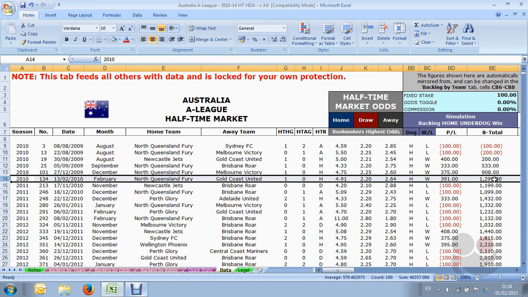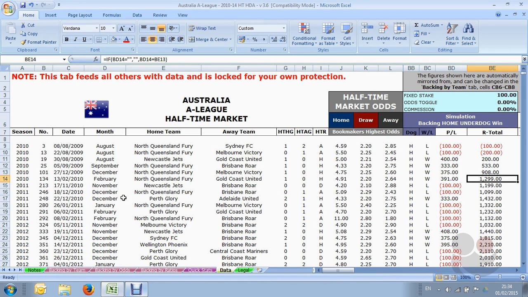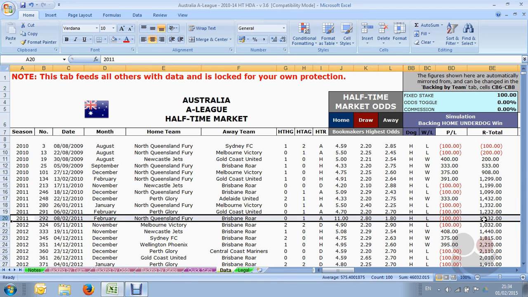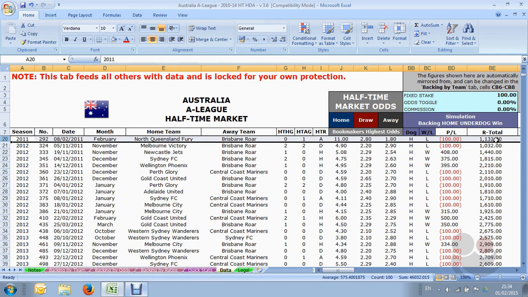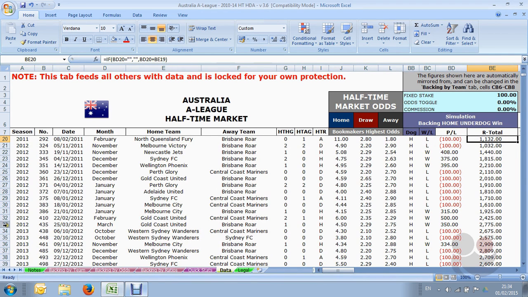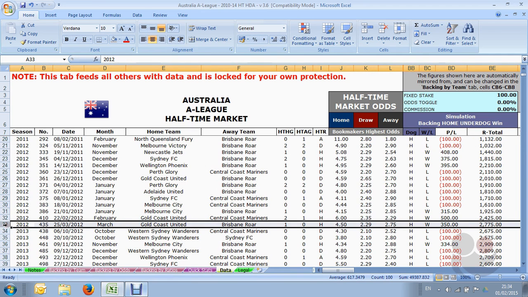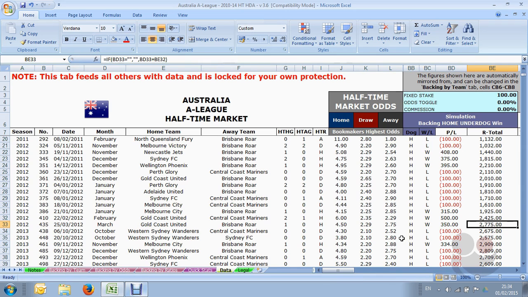Okay, 2010 ended in a profit 1299, which has dropped by the end of 2011. So 2011 is a loss-making season. 1132 translated to the end of 2012 becomes 2775.